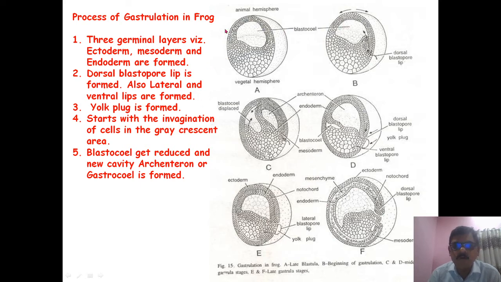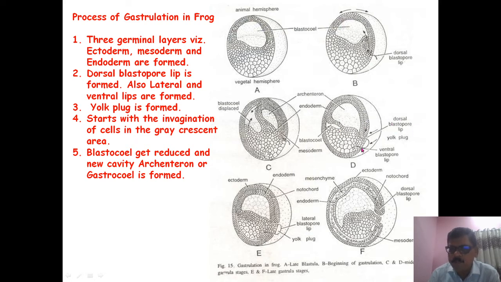So the gastrulation process starts from the blastula. At the start, there is the inward movement of the dorsal cells from the area that we call the blastopore. This movement continues, and there is a formation of the dorsal blastopore lip.